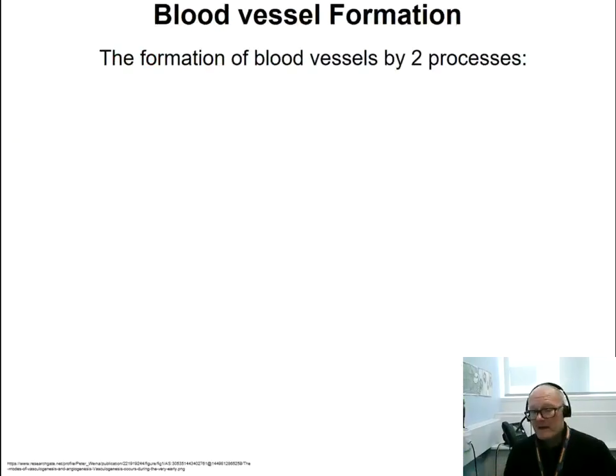So the heart is probably the first organ that is produced during the organogenesis of any vertebrate embryo. And it is obvious, because as soon as the embryo starts to develop, you need to distribute resources around the body so it can continue development.